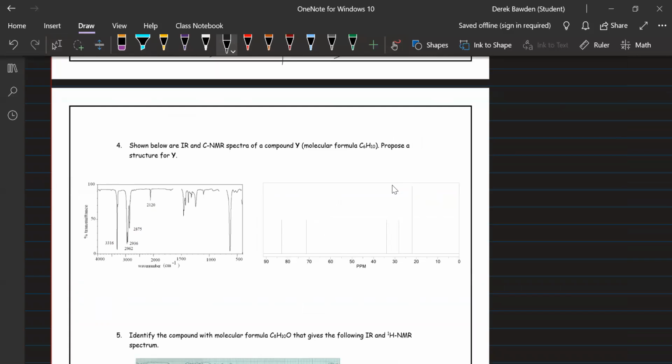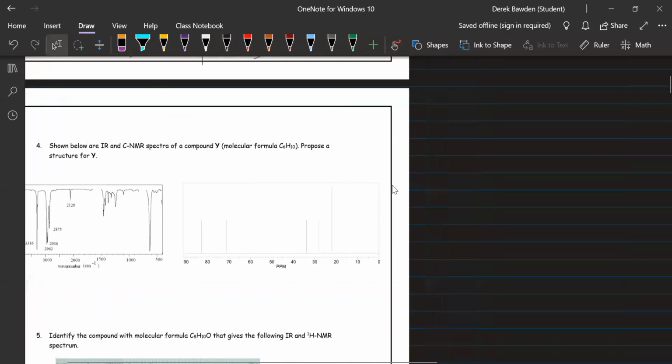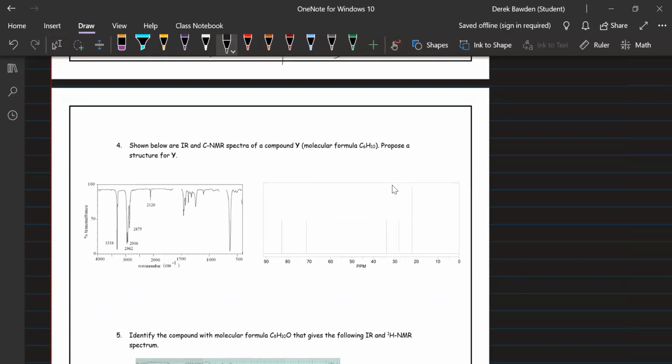All right, we've got the IR and CNMR of molecular formula C6H10, propose a structure for Y. Okay, so let's first look at the IR spectrum. What is this 2120 going to be? A triple bond between carbons.